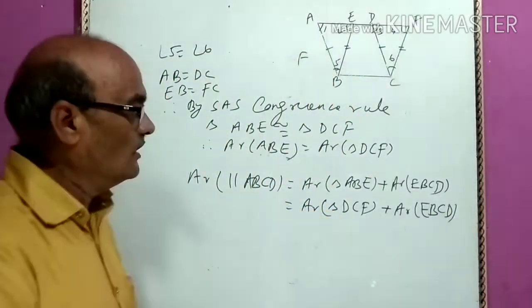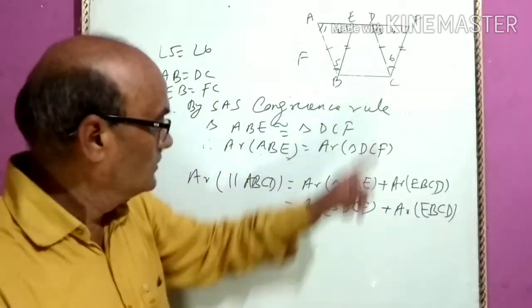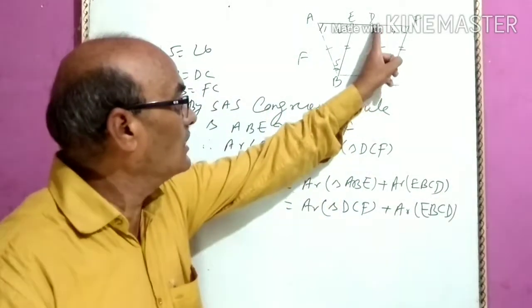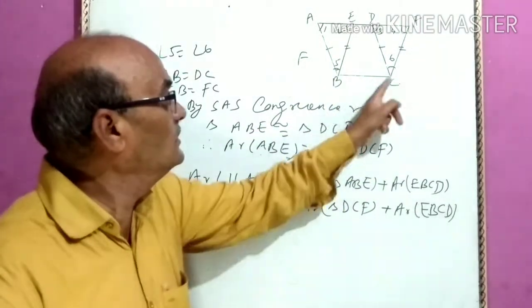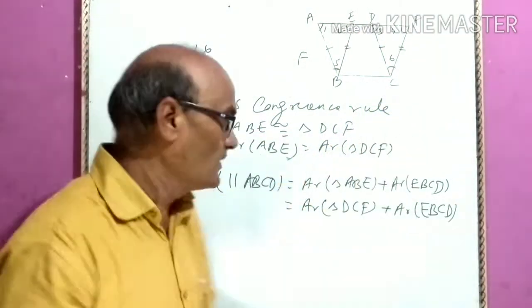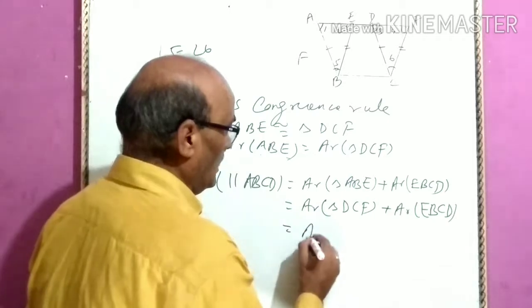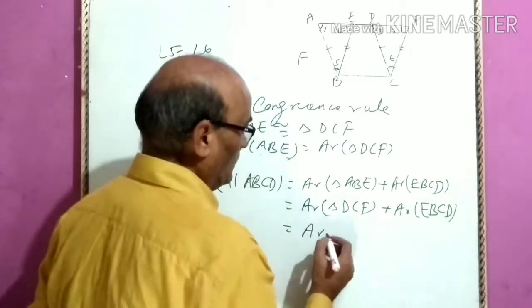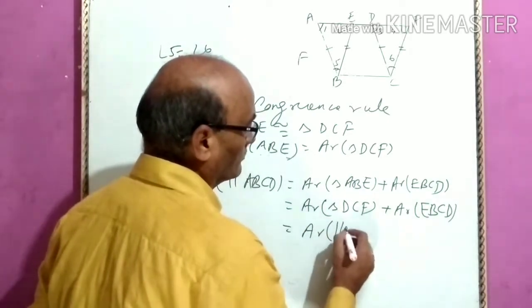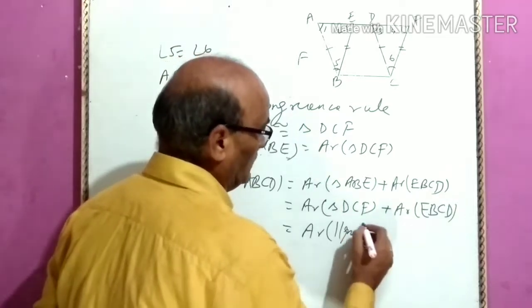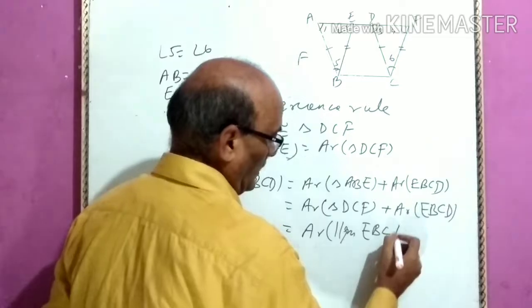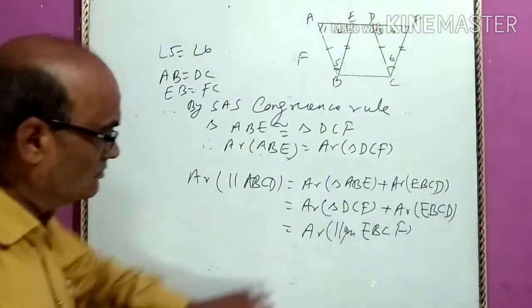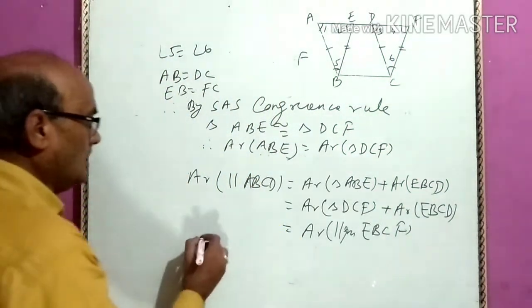Okay. Now look here. Area of triangle DCA plus area of quadrilateral EBCD. What does it become? It becomes area of the parallelogram EBCF.